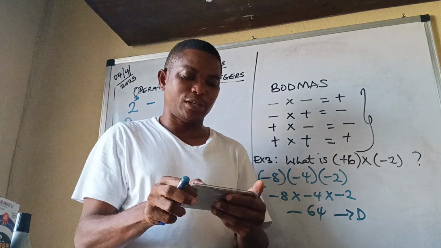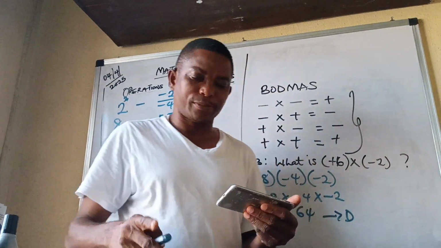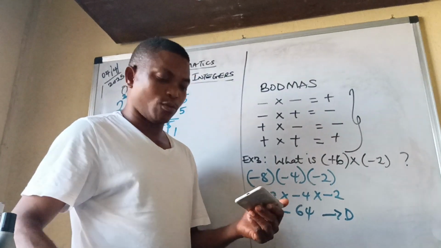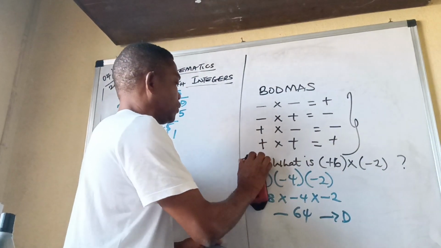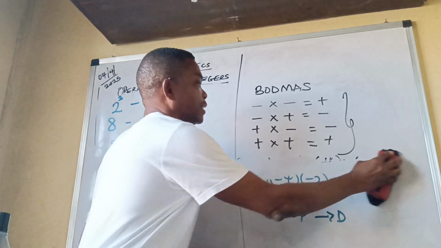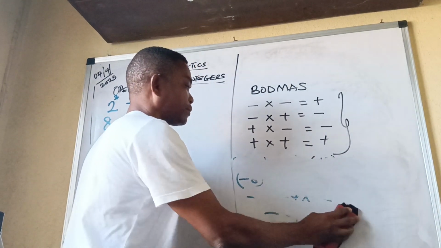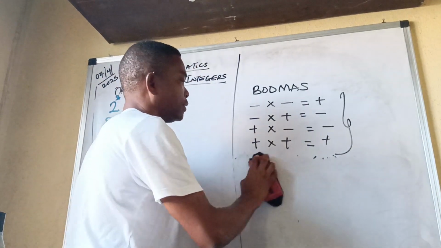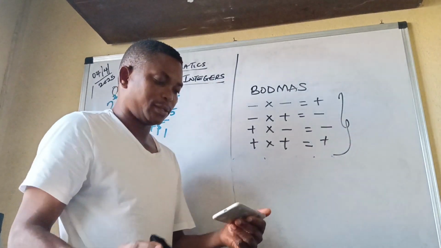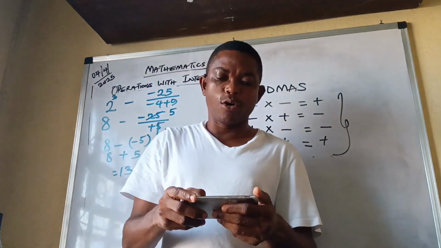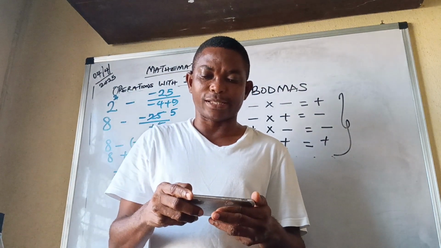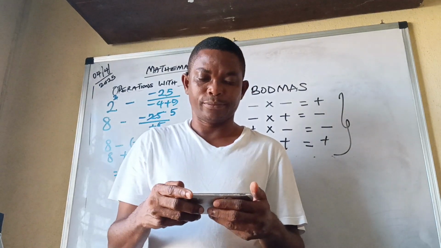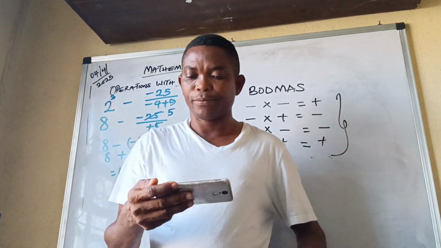Question 7 is in a word problem format. So let's look at that together. The lowest elevation of a desert is 250 feet below sea level.